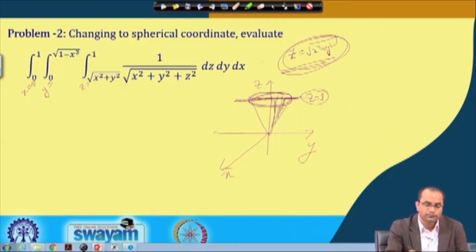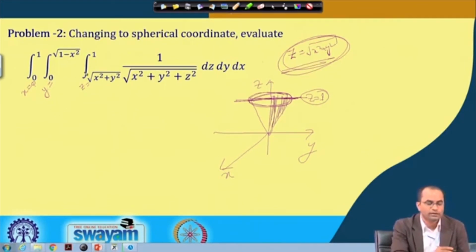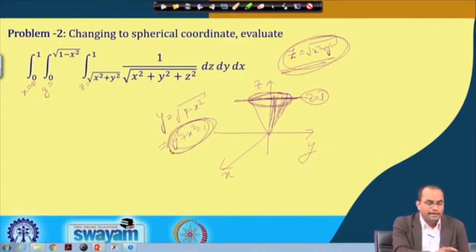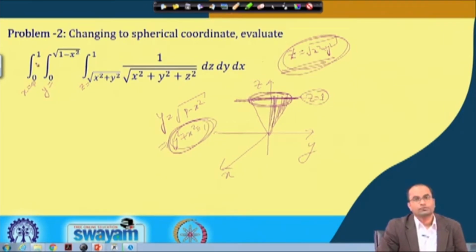If we look closely, y is equal to square root 1 minus x square, that means y square plus x square is equal to 1. So, that is a circle, and here x also goes from 0 to 1.